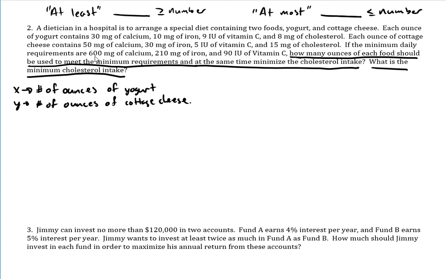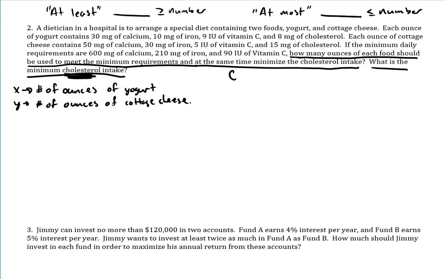Also in this statement, so I can pick apart, it said how many ounces of each food should be used to meet the minimum requirements and at the same time minimize the cholesterol intake. And they're asking, what is the minimum cholesterol intake? So we don't know that either. So that's going to be another variable.